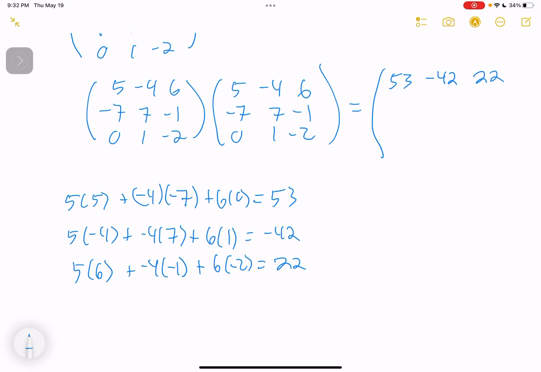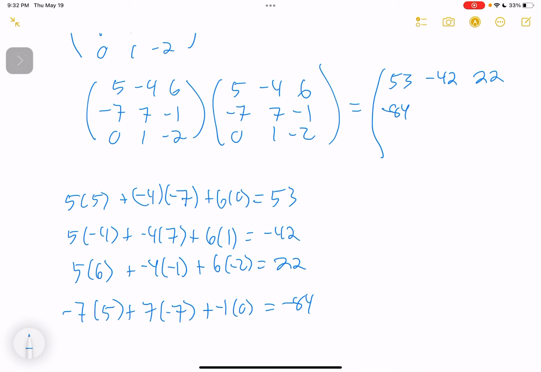Now we'll do the second row times the first column. So it's -7 times 5 plus 7 times -7 plus -1 times 0. So I see that's -35 plus -49 plus 0 is going to be -84.